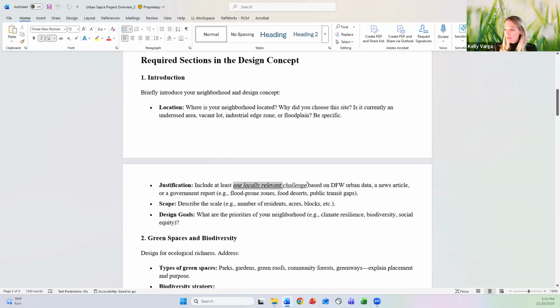And you're going to need to actually find some research to help support that. What is a relevant challenge? What is something that this particular area of DFW, or place on Earth, is experiencing around what you want to research? So again, if it's flood mitigation, water management, or there's not enough green spaces in this particular area, research that area, and find the research around what is being done.